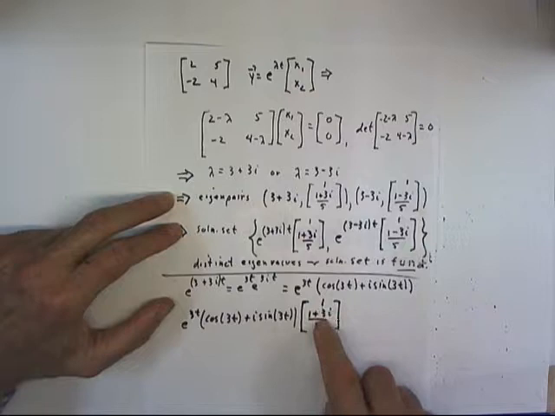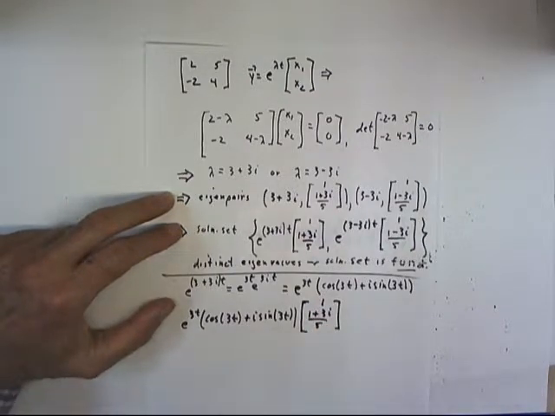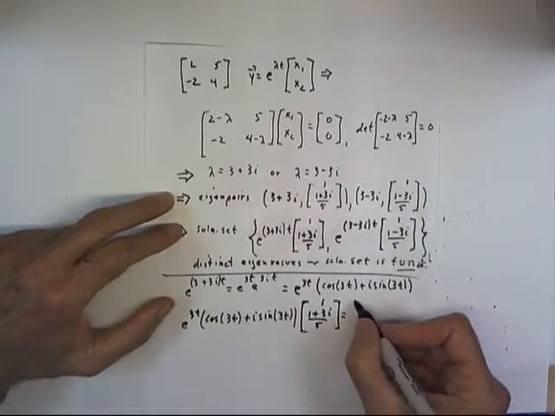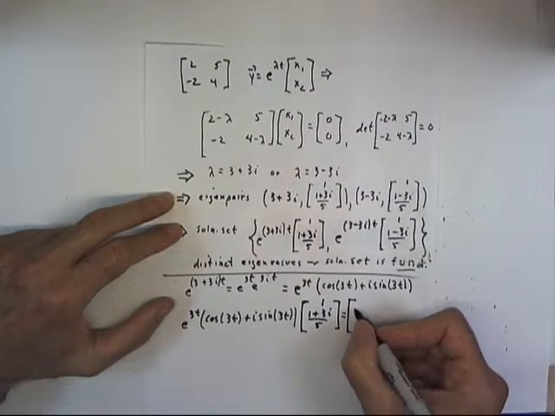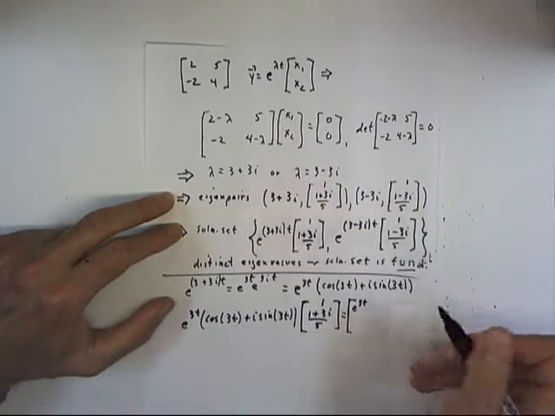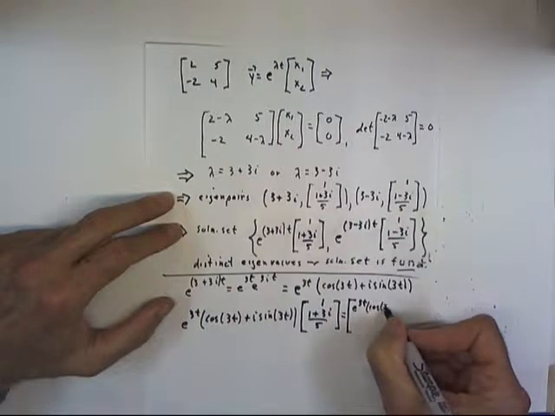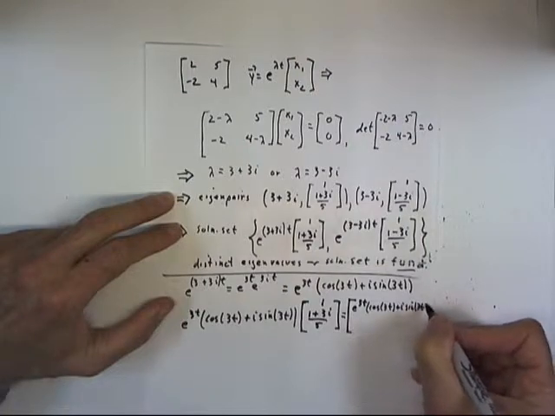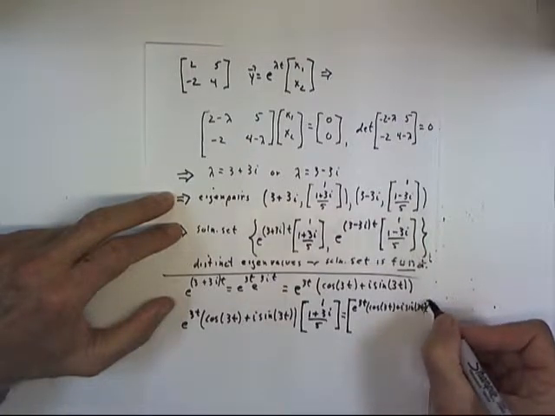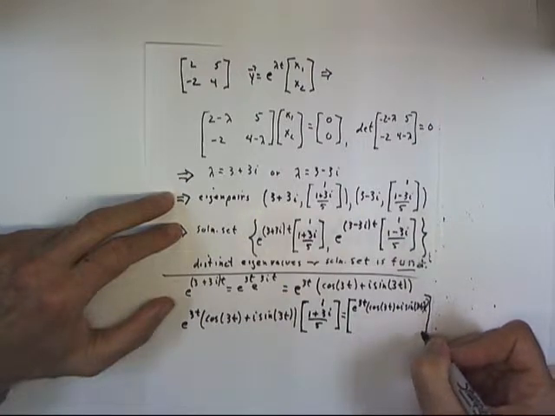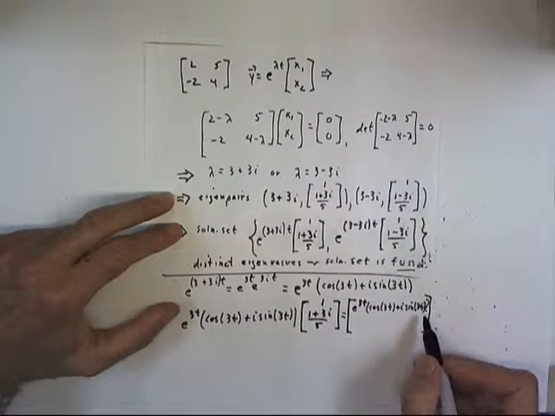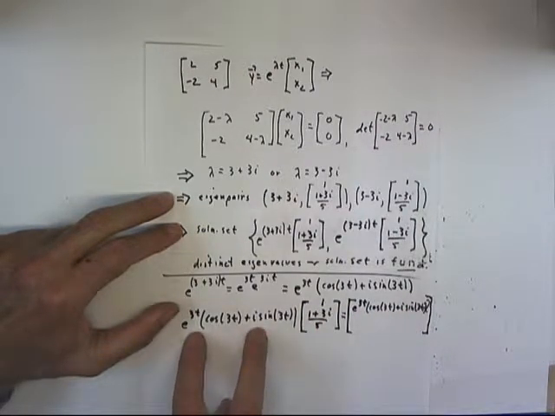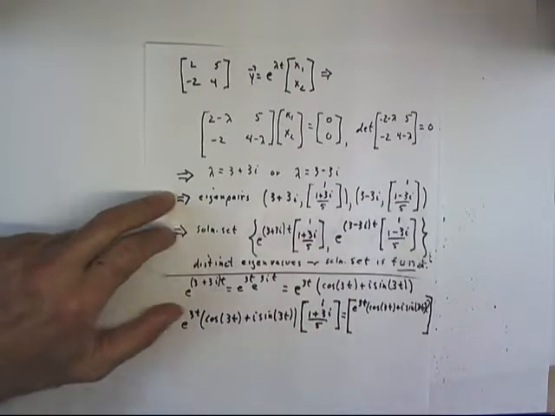And of course this is going to distribute over the components of the vector, so the first component is just going to be our e to the 3t times the cosine of 3t plus i sine of 3t. Excuse that for being bunched up, but you can see that this simply goes through here, and then whatever this times this happens to be.